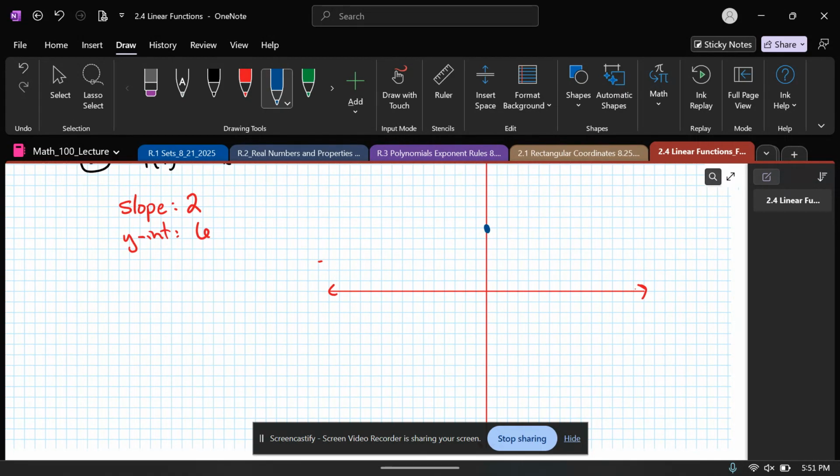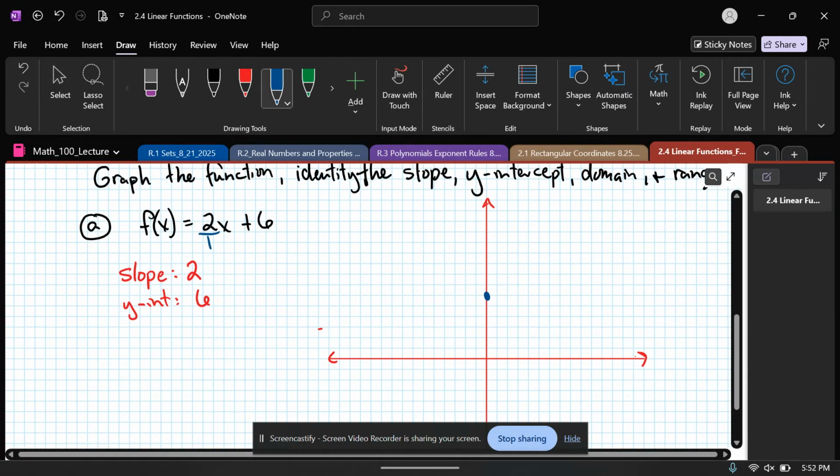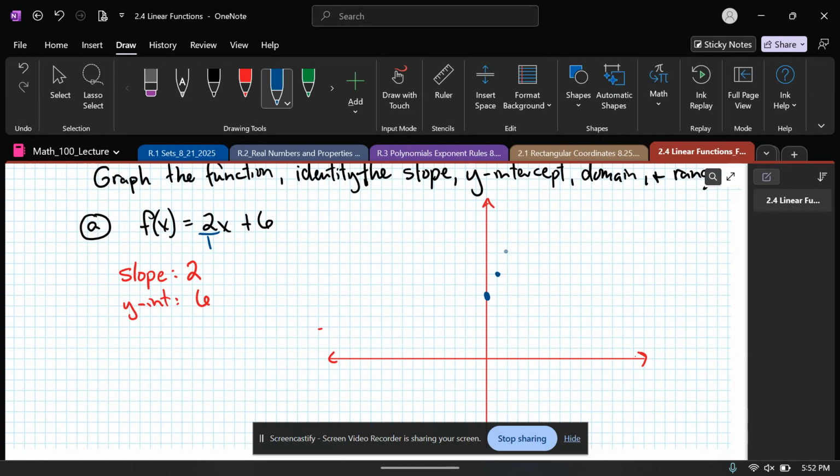So I'm going to count from that dot. I'm going to count up 2 blocks over 1 block. Because if you write the slope as a fraction, 2 as a fraction, you can write it as 2 over 1, right? So I'm going to go up 2 over 1.